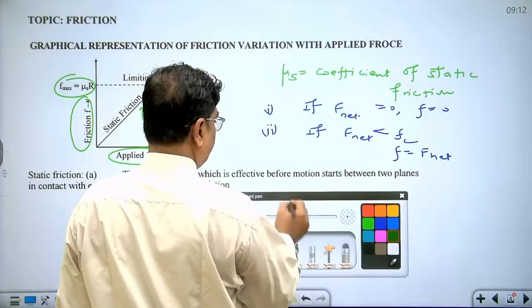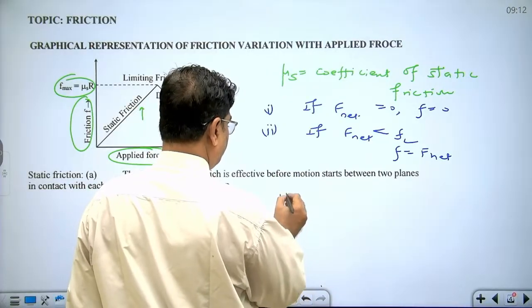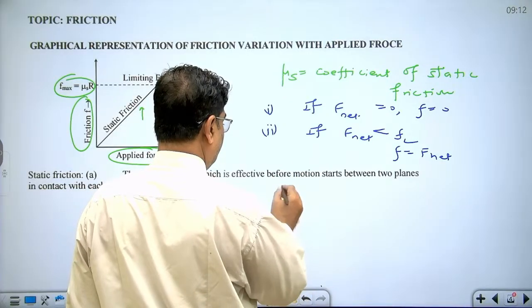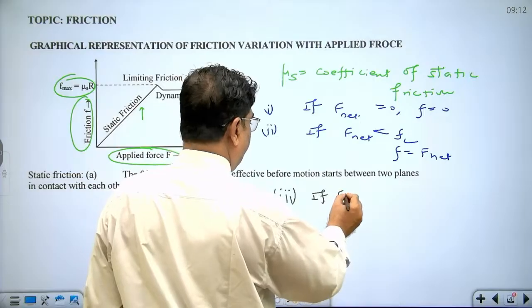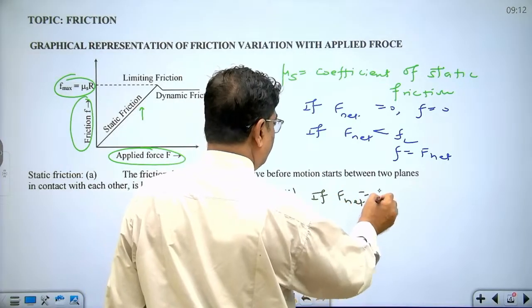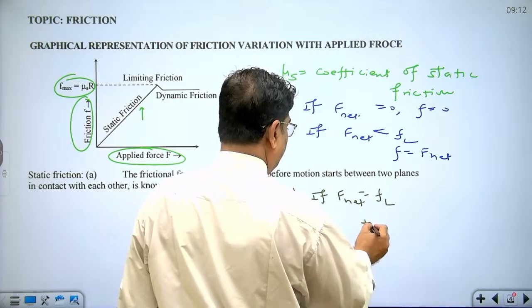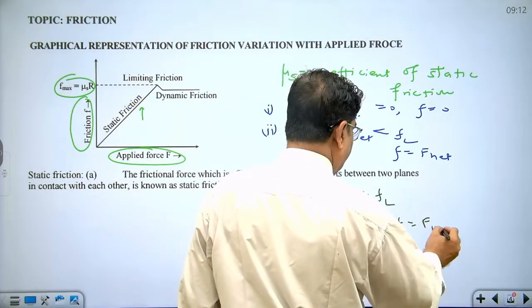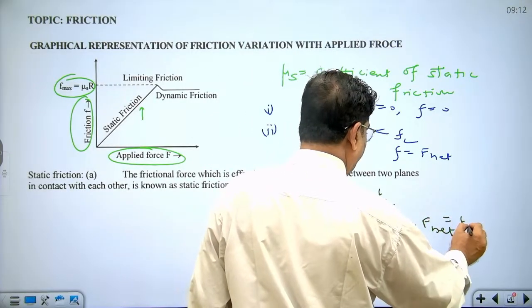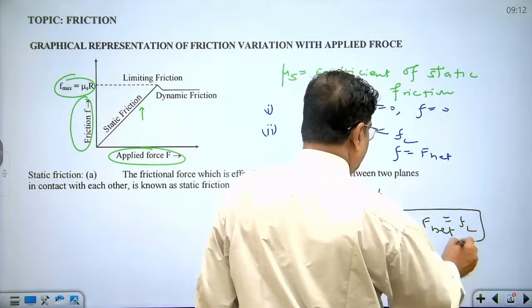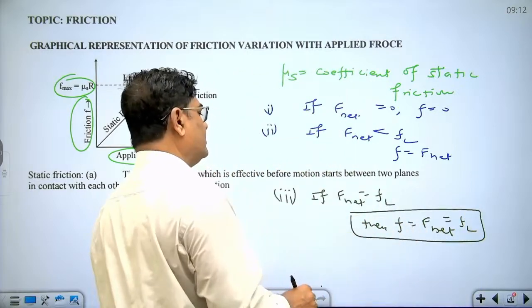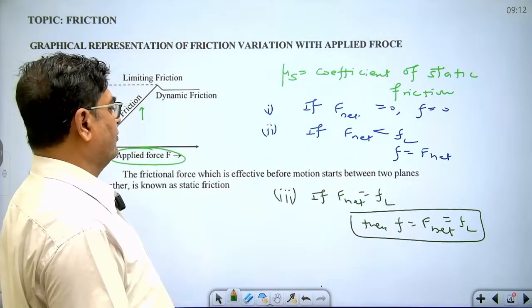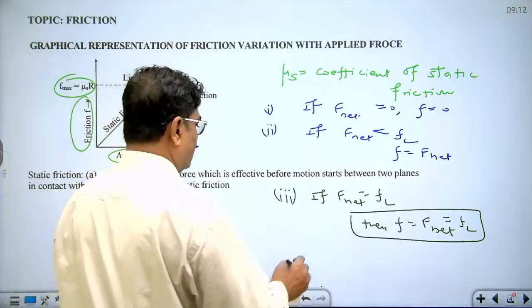Now, if net applied force is equal to limiting frictional force, then frictional force in this situation is equal to net applied force, that is equal to FL. Till this situation, the body does not have relative motion with the contact surface, okay.